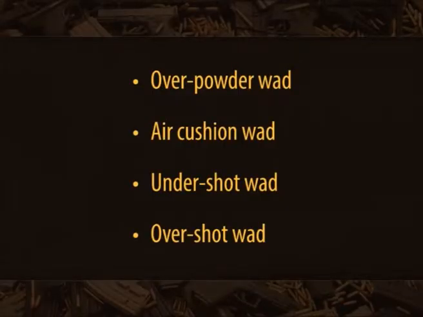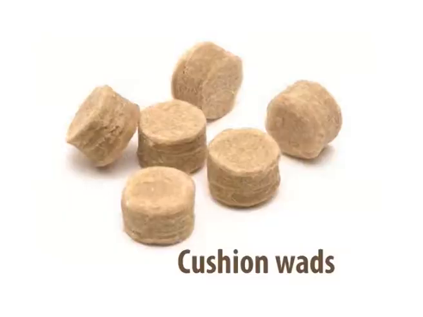In shotgun ammunition, there are a number of wads, comprising the overpowder wad, air cushion wad, undershot wad and overshot wad. They keep the powder charge in the cartridge in its proper place. In addition, the cushion wads seal the barrel on firing and thus prevent escape of gases and consequent loss of velocity.